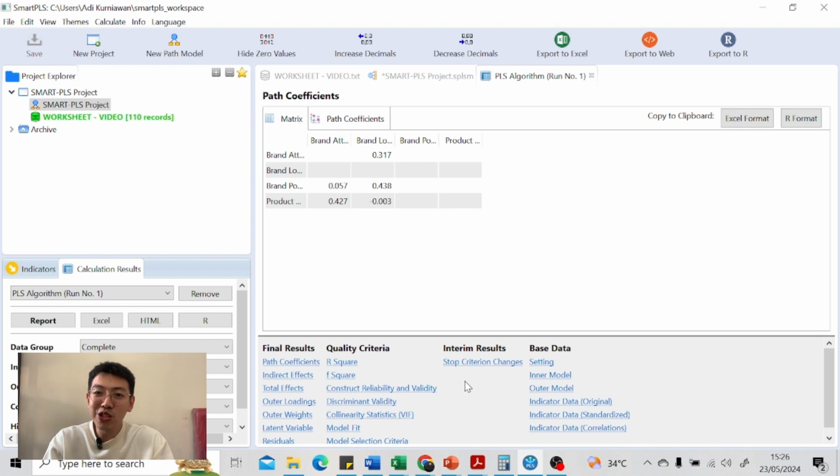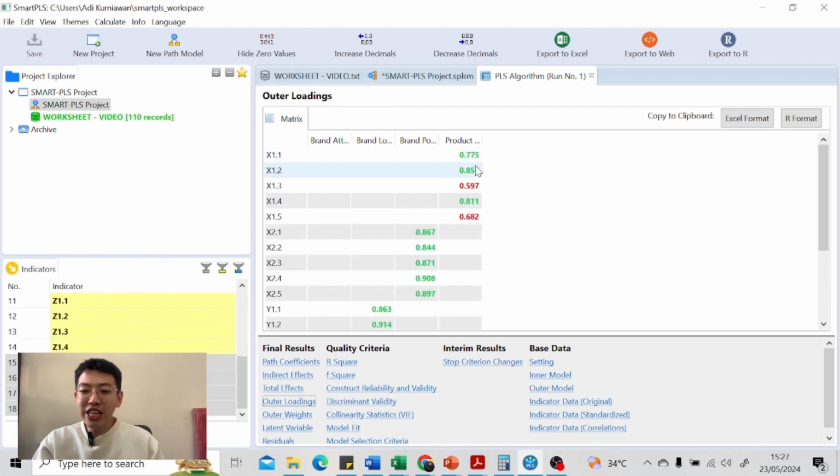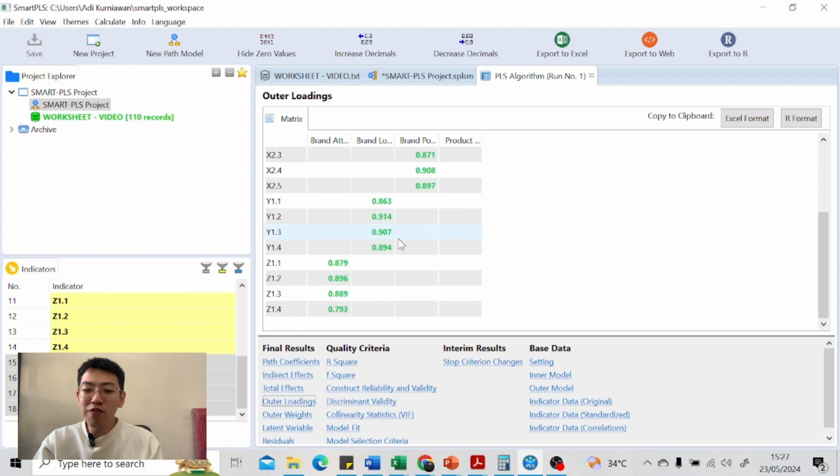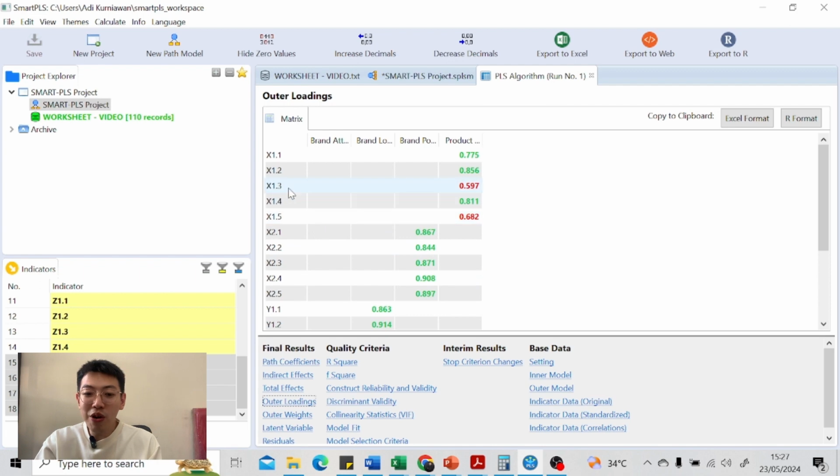In other sources, it is mentioned that it has to be higher than 0.708. We can see from the outer loading that most of the variables are green. It means they have fulfilled the benchmark. However, X1.3 is still red because it is less than 0.7, and X1.5 is also red because it is less than 0.7. What if it is less than 0.7?